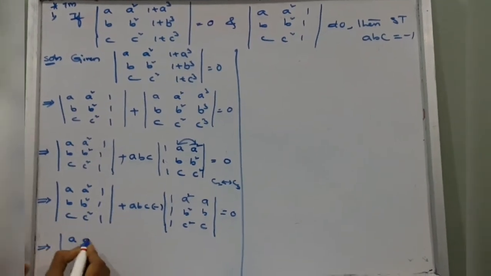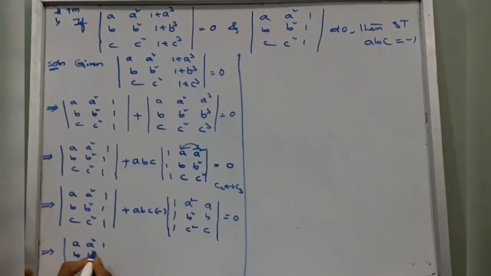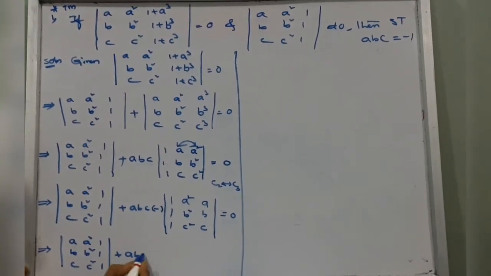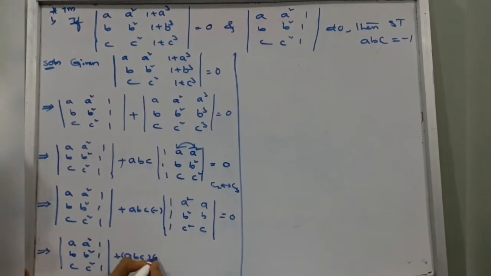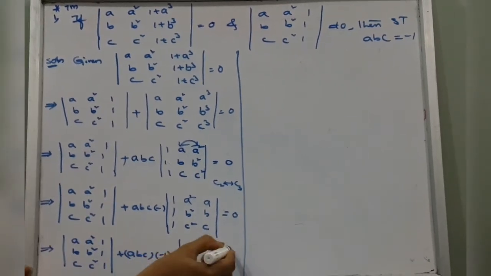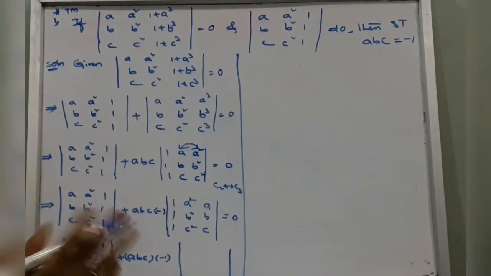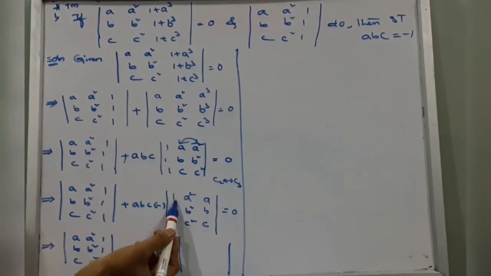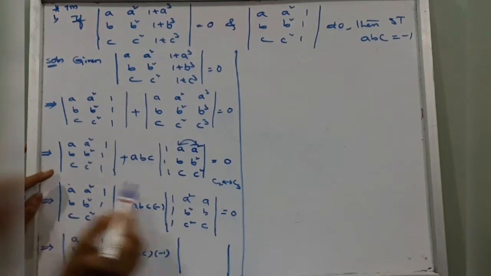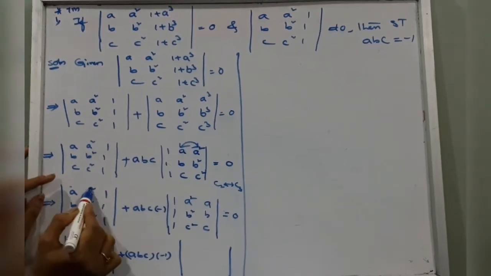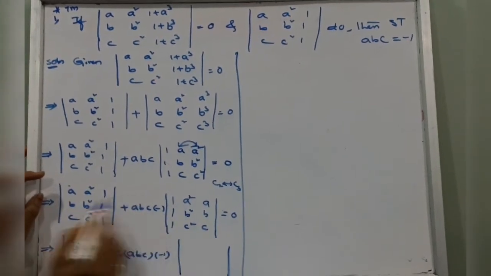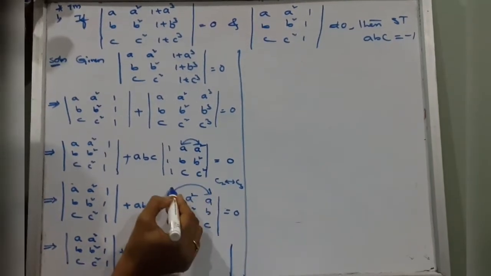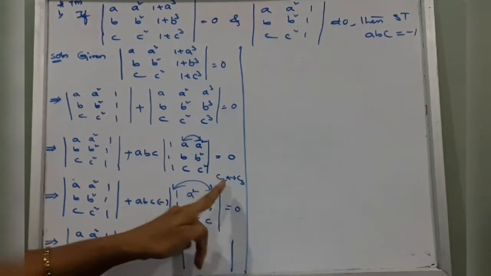This implies a square 1, b square 1, c square 1 plus abc of minus. Again we have to interchange. Here the first column is ABC, and here the first column is 1 1 1, and the second column is the same in both matrices. Now we have to interchange C1 and C3.